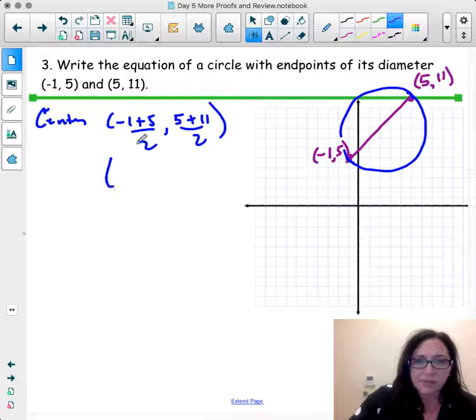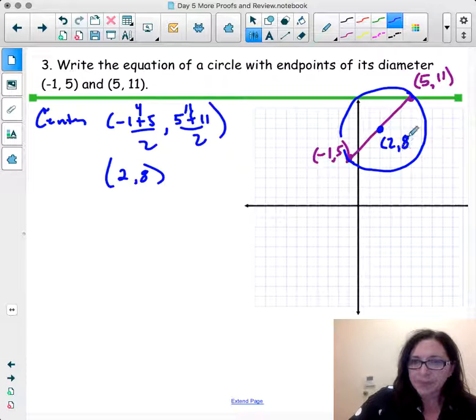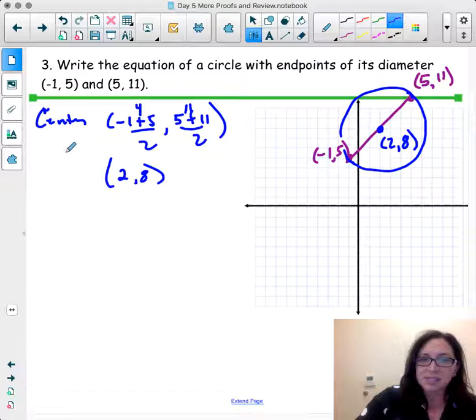So what does that make? The center is going to be at -1 plus 5, which is 4. 4 divided by 2 is 2. 16 divided by 2 is 8. So at 2, 8, right around there, which is kind of what I thought in the beginning. But anyway, there's 2, 8. So that's my center.